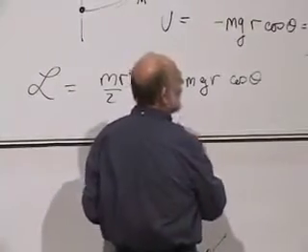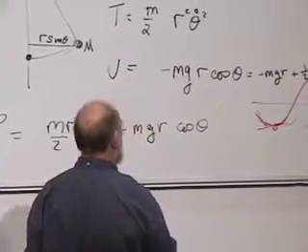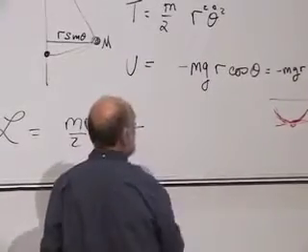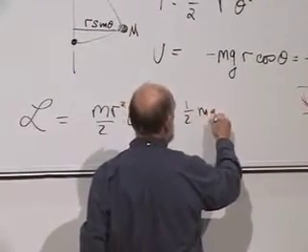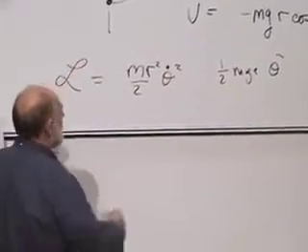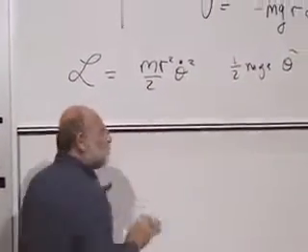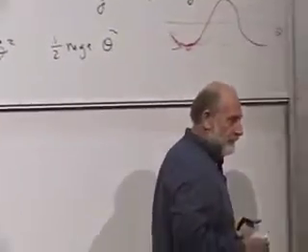Did I get this wrong? Did I get the sign right here? Let's see. U is plus. Then we would have in the Lagrangian minus 1/2 mgr theta squared. And in the energy, we would have plus. But the important thing here is that it's just proportional to theta squared.